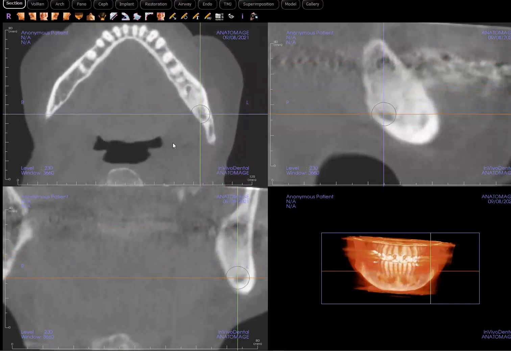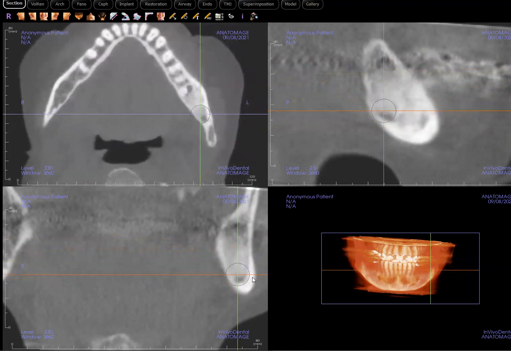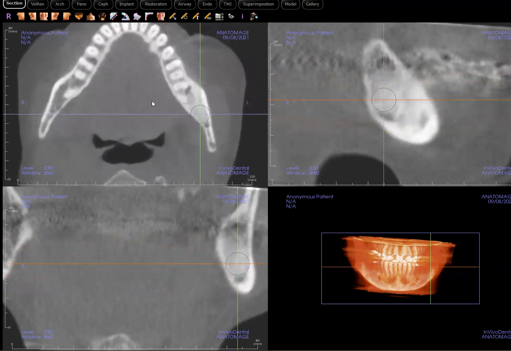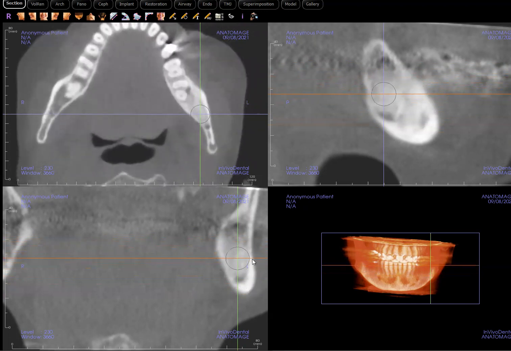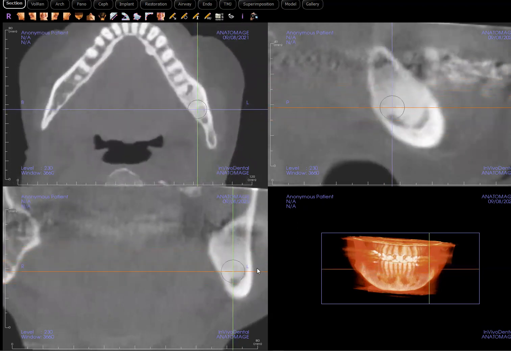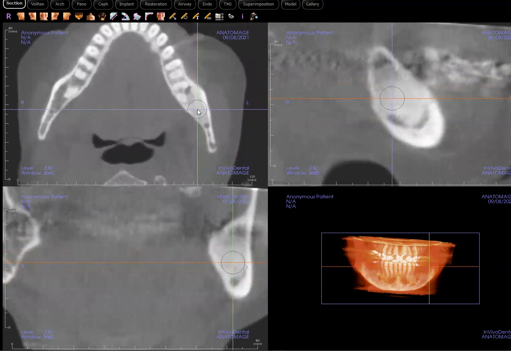I want you to see how the area looks in the axial plane. Look at the bone density of the affected side compared to the unaffected side. You may be wondering, Dr. Kim, how come this odontogenic keratocyst isn't radiolucent? Why does it look more radiopaque than the right, unaffected side?